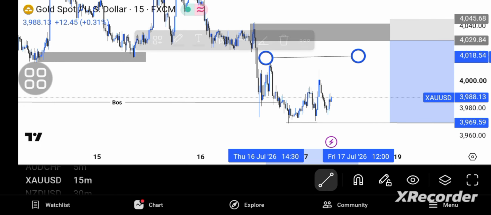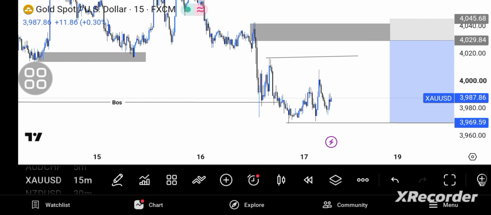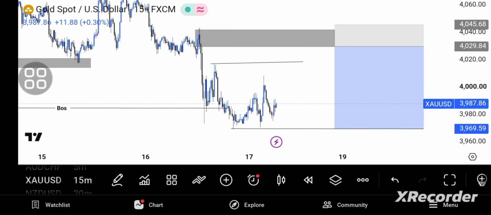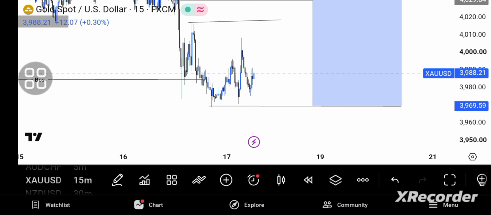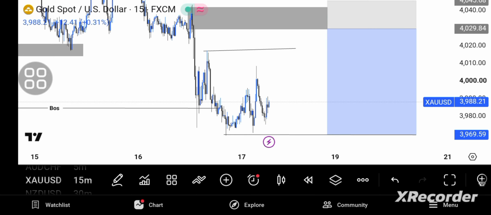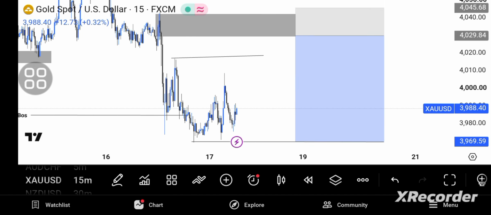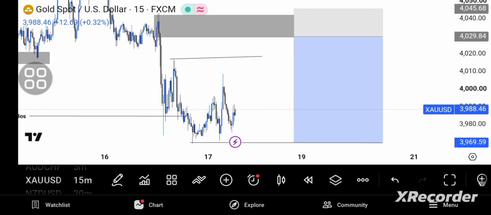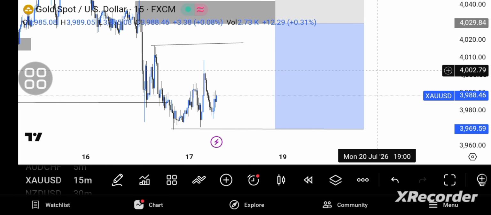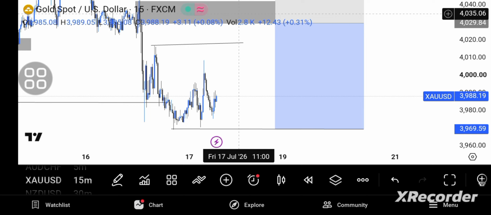This is the inducement. Then I mark out my POI where I'll take the trade from, and now this should be this swing low. So it gave me my inducement, everything is set, just waiting for gold to pull back up to this place, then sell.